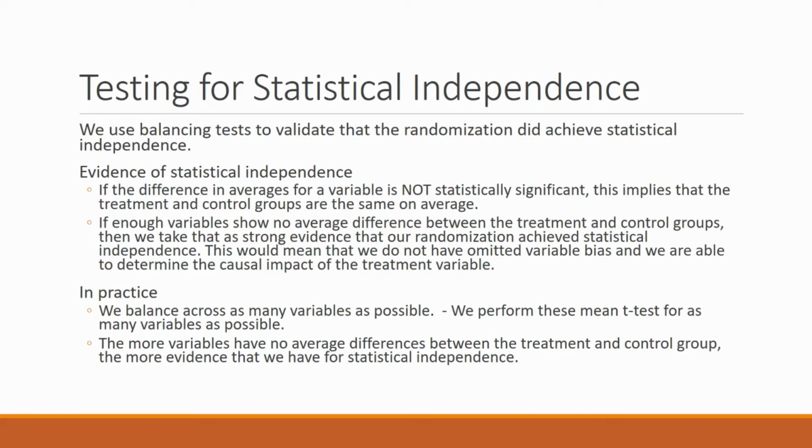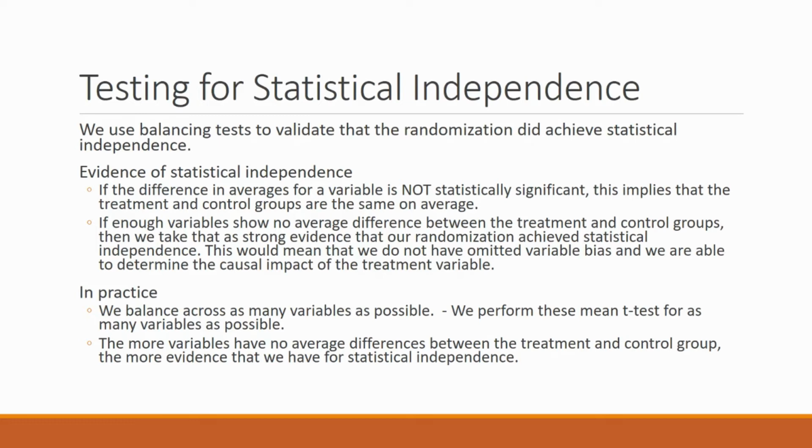If enough variables show no average difference between the treatment group and control group, then we take that as strong evidence that our randomization achieves statistical independence. If we have statistical independence, that would mean that we will not have omitted variable bias for our treatment variable. That means we're going to be able to identify the causal impact of the treatment variable.